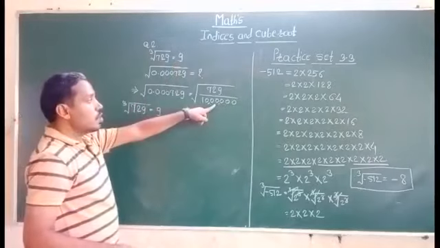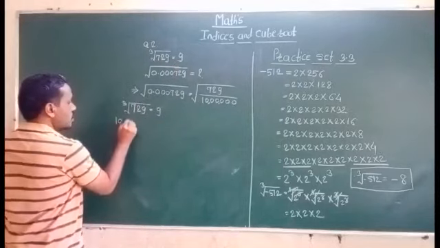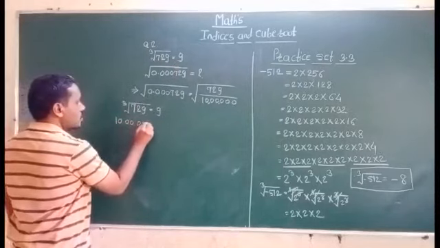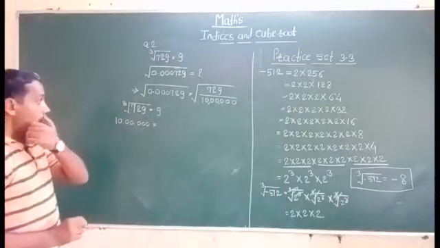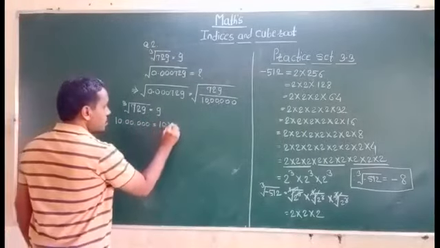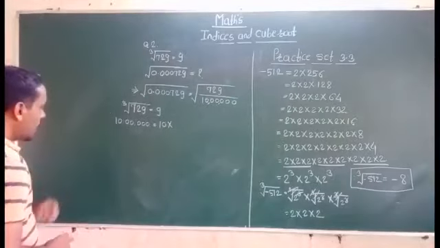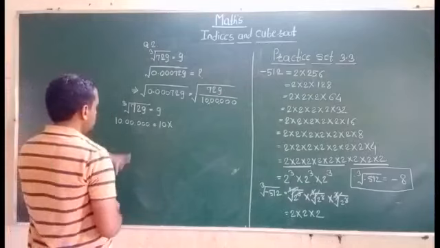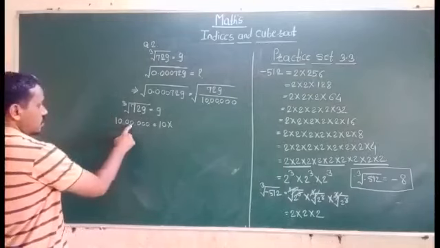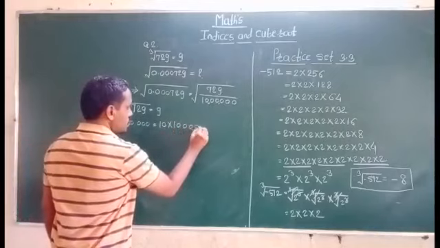Now we find the cube root of 10 lakh. So we divide that 10 lakh by 10, and we get 1 lakh.